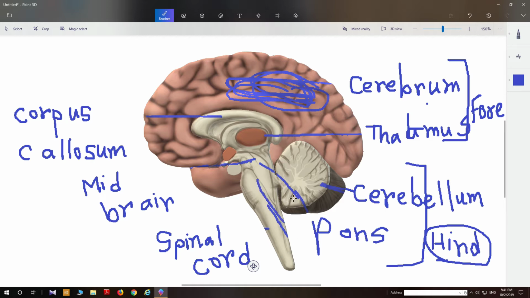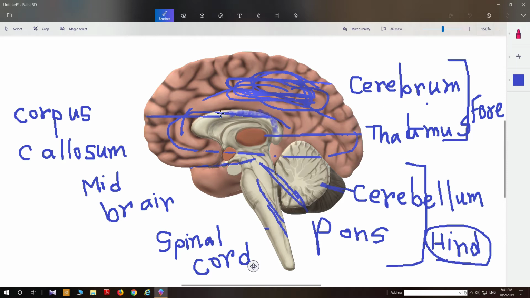And the pons, this area is the pons. It is located in between the medulla oblongata and the midbrain. So this is the midbrain area. Oh my goodness, I'm using another color.